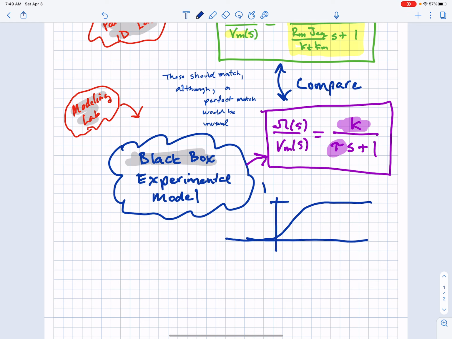You can estimate the K value by how high this goes, and you can estimate the tau value by looking at the time constant, where it gets to within a certain percentage of the final value over one time constant. From there you can make an estimate of tau.